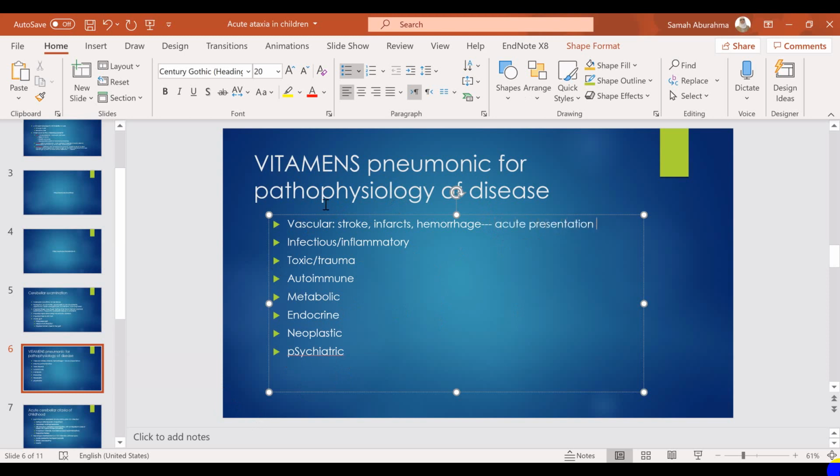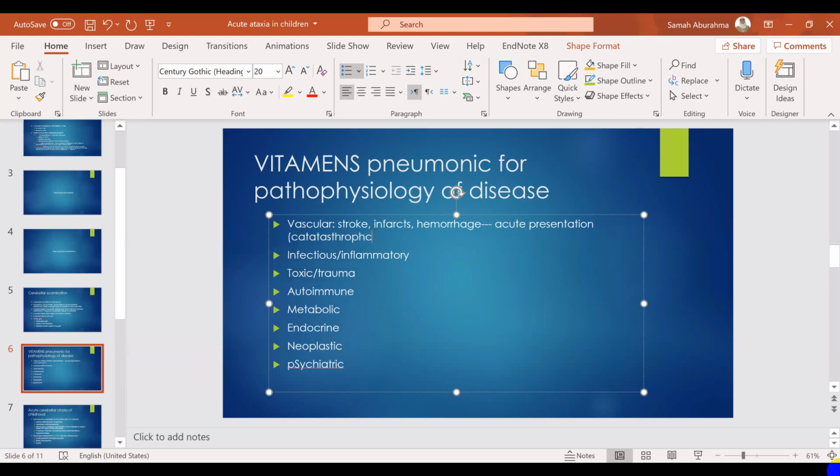presentation. So vascular insults, we keep saying they are catastrophic, okay? Acute or hyperacute. So when you have an acute presentation or a hyperacute presentation, a catastrophic presentation, this is when we think of vascular insults. So again, this applies to all organ systems.